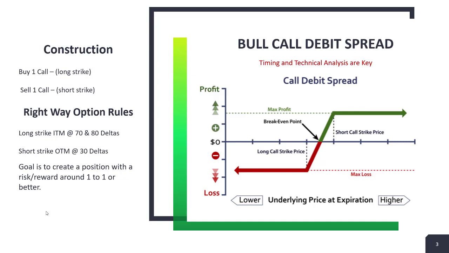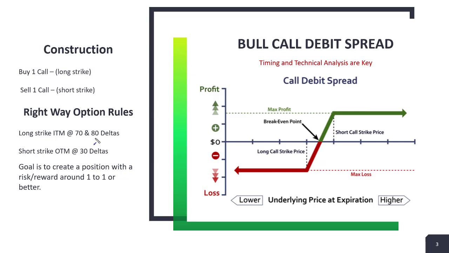When I take a long position, anytime I take a long position, I want to be in a good leverage situation, but I don't want to be in an over leveraged situation. And the reason I go with the 70 and 80 delta positions is because these options have a 70 to 80% chance of still being in the money at expiration, meaning still having value.